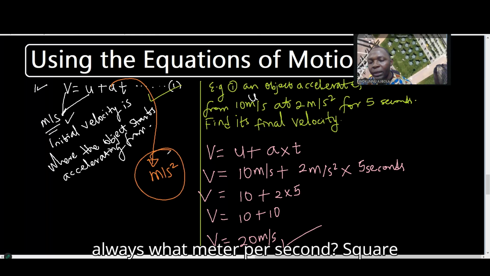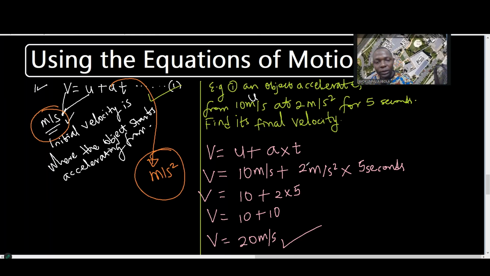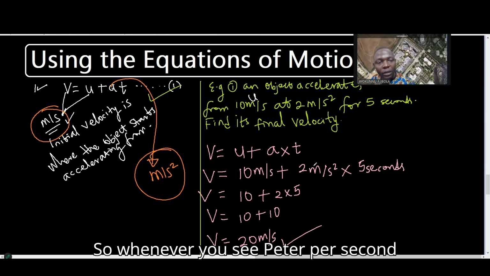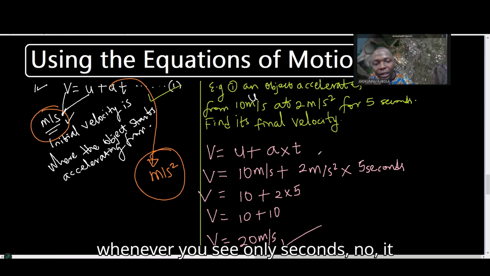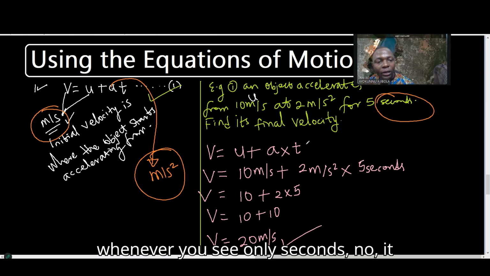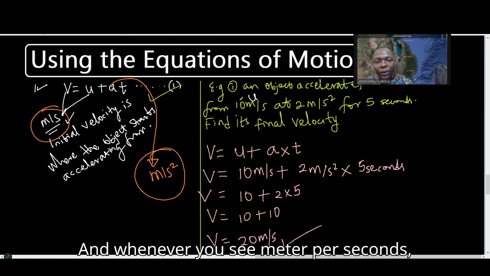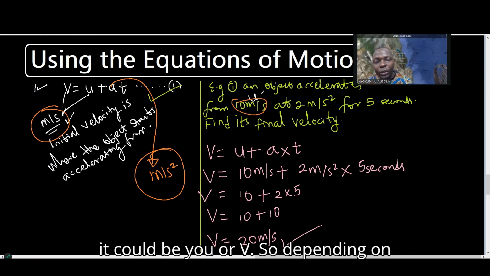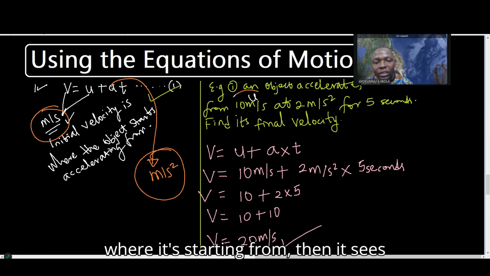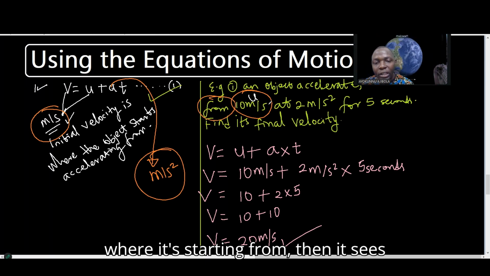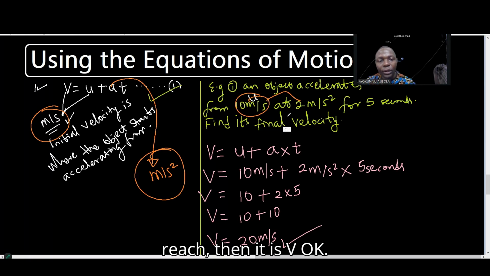Meter per second square. Velocity is always what? Meter per second. So whenever you see meter per second square, know it's definitely acceleration. Whenever you see only seconds, know it is time. And whenever you see meter per second, it could be u or v. Depending on what it says, if this is the velocity where it's starting from, then it is u. If this is the velocity it is going to reach, then it is v, okay?